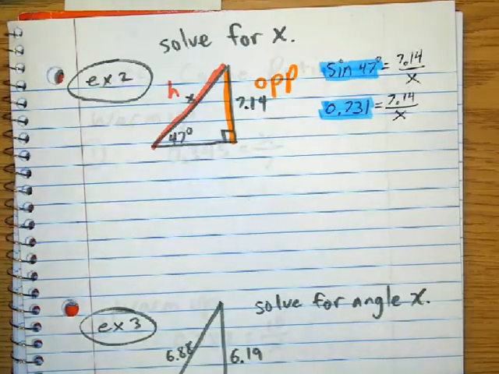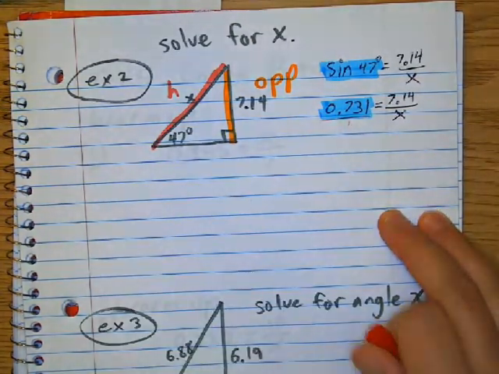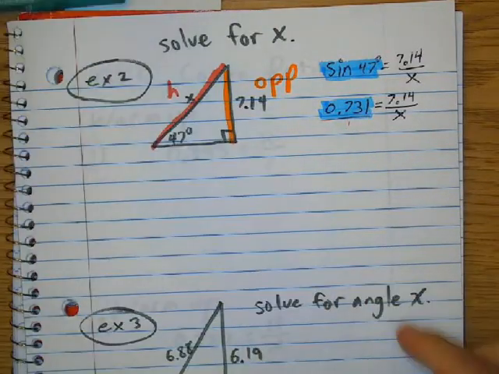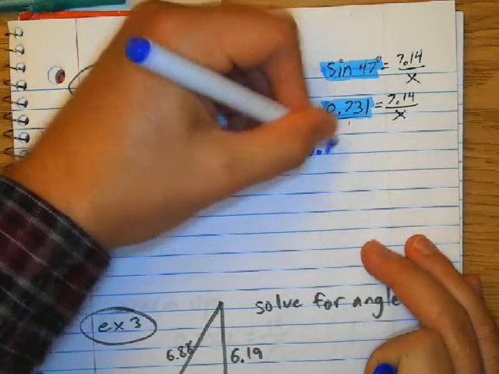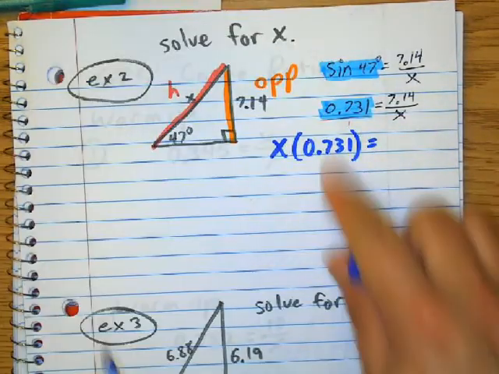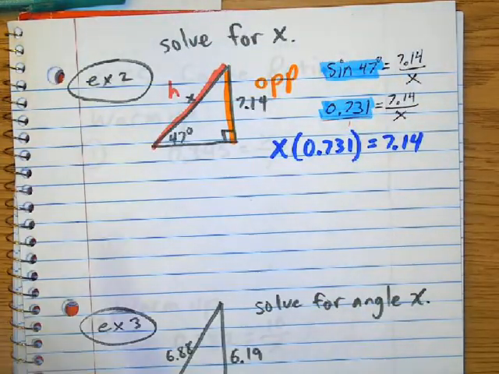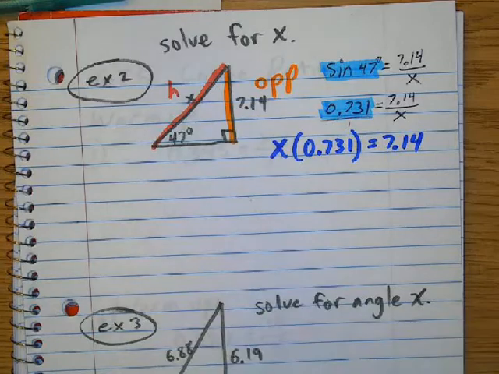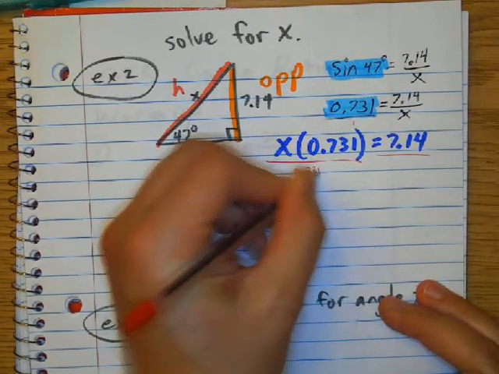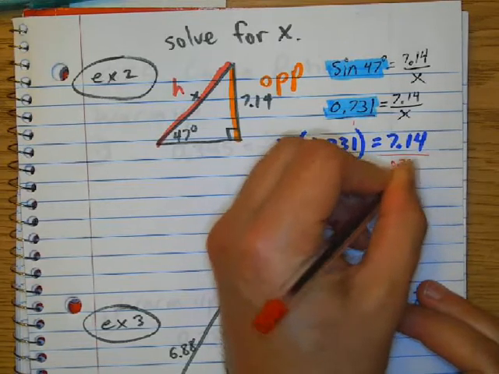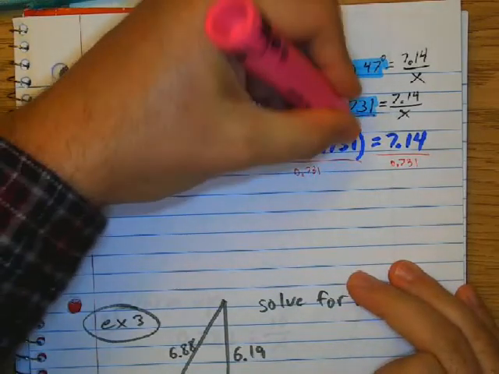And like we did before, I could put this over 1 and cross multiply. If I cross multiply, then I end up with x times 0.731 equals 7.14. Okay, well now I want to solve for x. So I need to divide both sides of the equation by 0.731. And when I do that, this is going to cancel out on the top and bottom.